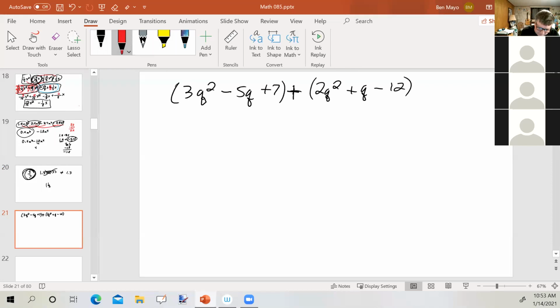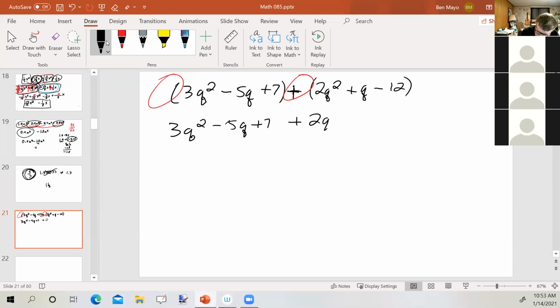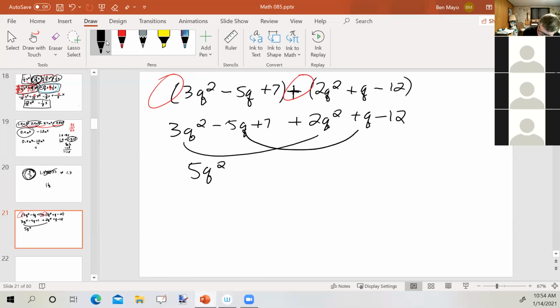I've got nothing in front of the first one and a plus sign in front of the second one. So I'm going to drop the first set of parentheses, 3q squared minus 5q plus 7, distributing the plus sign in the second set of parentheses. It doesn't change anything that's inside, so I get that. Now that I've gotten rid of the grouping symbols, I can combine like terms: 5q squared minus 4q minus 5.